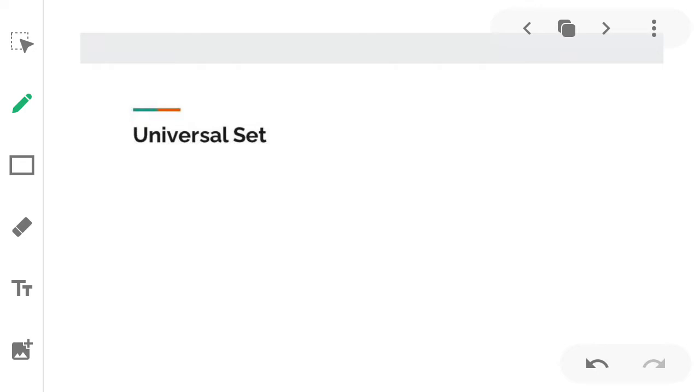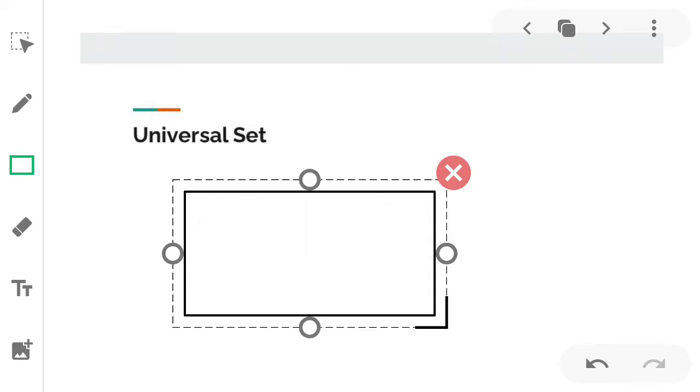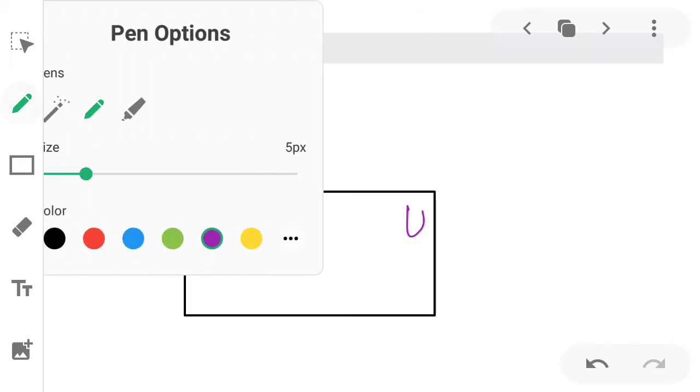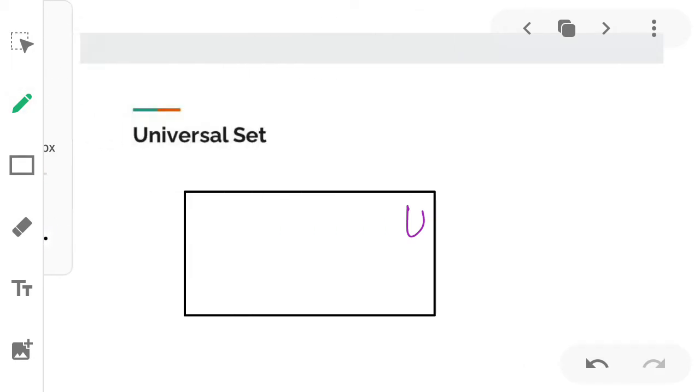Whenever we draw a Venn diagram, we draw it with respect to a universal set. The first convention is that the universal set is shown by a rectangle. I will write U here. This portion will represent the universal set.